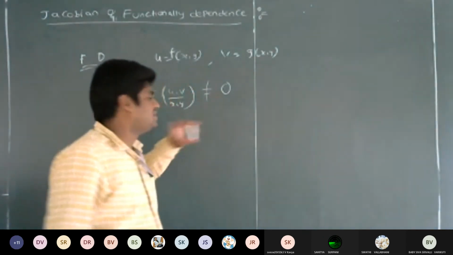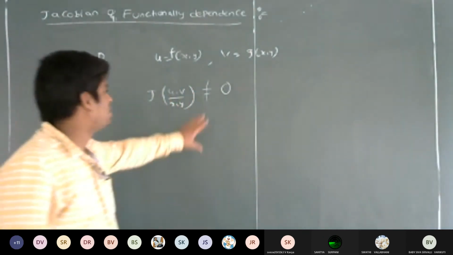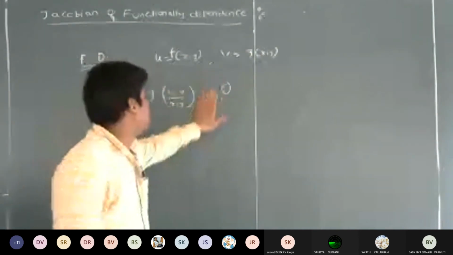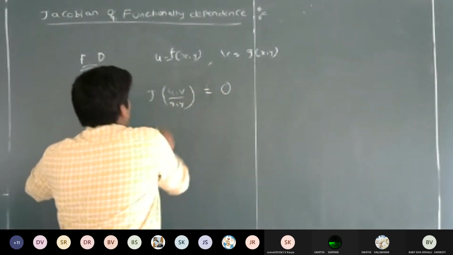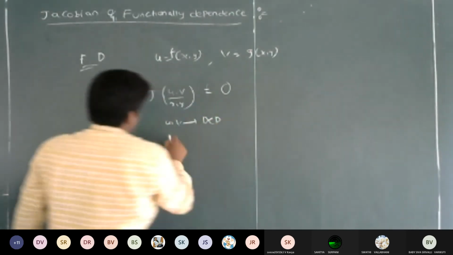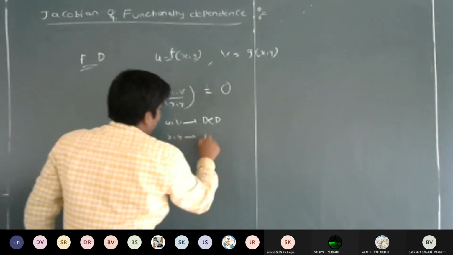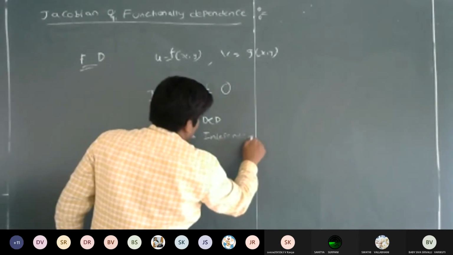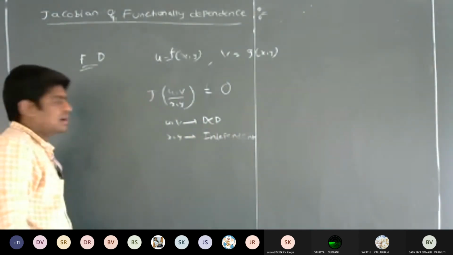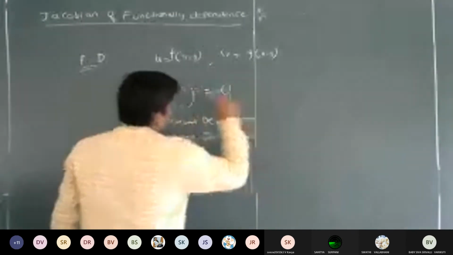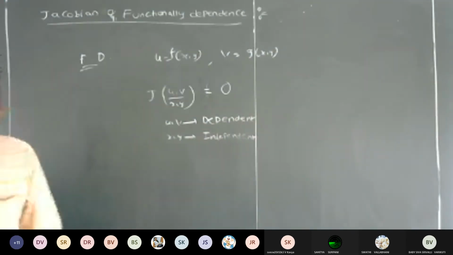If the Jacobian is equal to 0, we conclude that u comma v, the dependent variables, depend on the independent variables x comma y. So there is a relation between the dependent variables and independent variables.